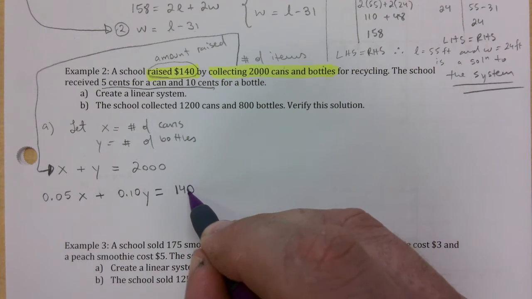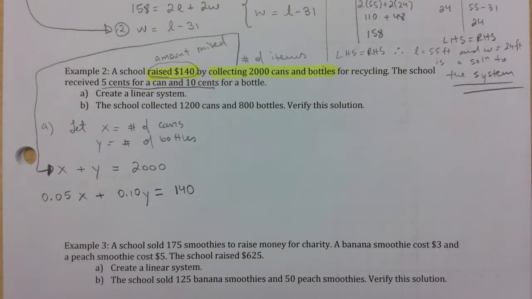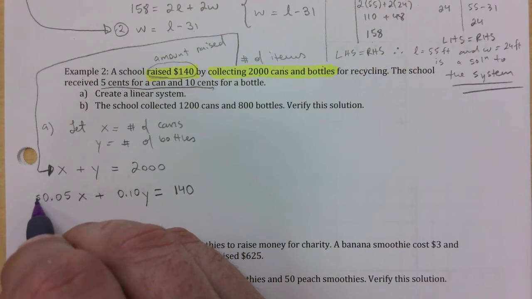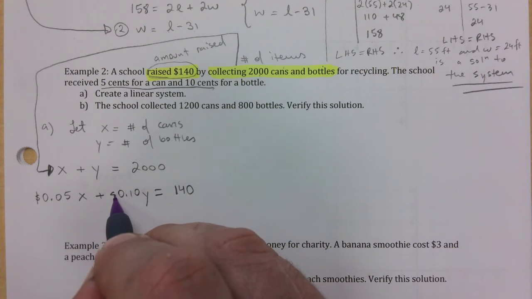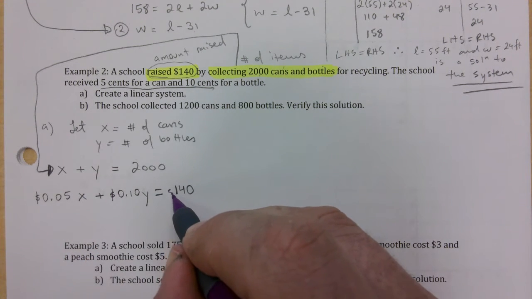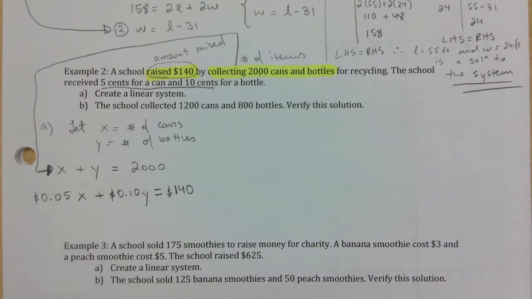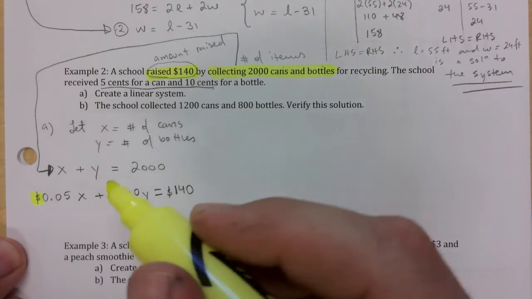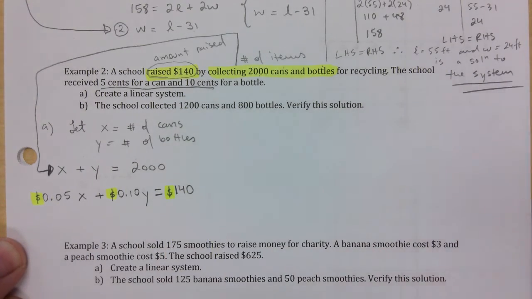So the dollar amount associated with each of the variables, those are the coefficients we use, and we associate that with 140. For now, usually we don't put the units down, but why don't we do this: dollar amount, dollar amount, dollar amount. So we used the dollar amount and equated it to the dollar amount given, which was 140.